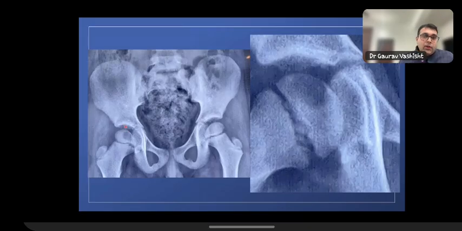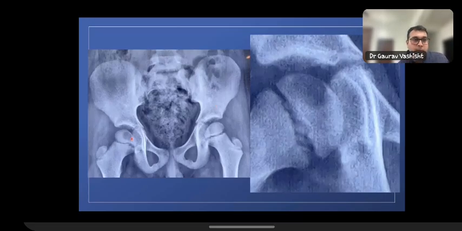We see a discrete lesion in the right femur. Okay, so because we're short of time and I have 2, 3 more cases to show, I'll go a little quick.